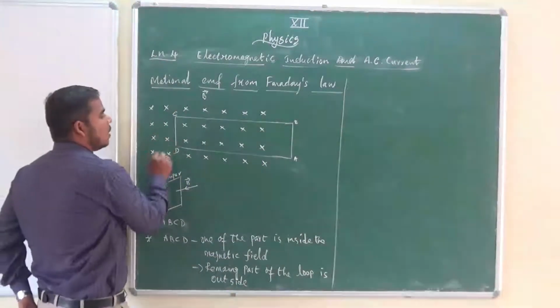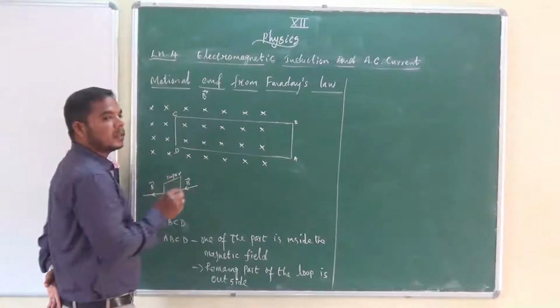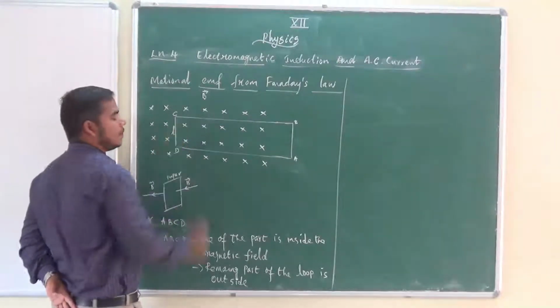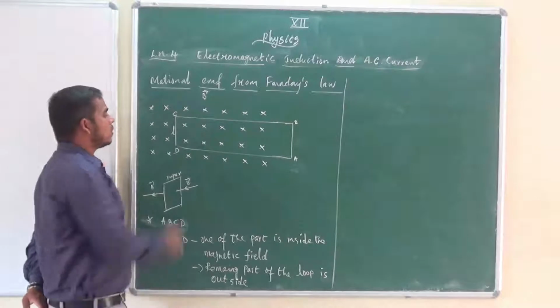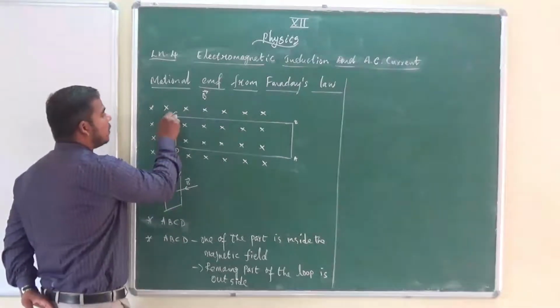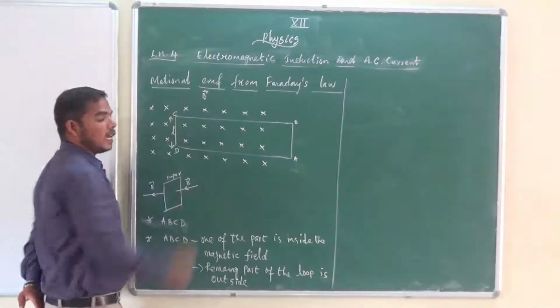Here the length and breadth of the loop we considered is L. What is L indicating here?